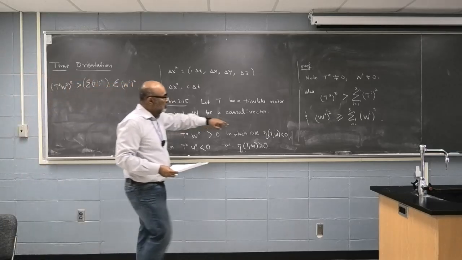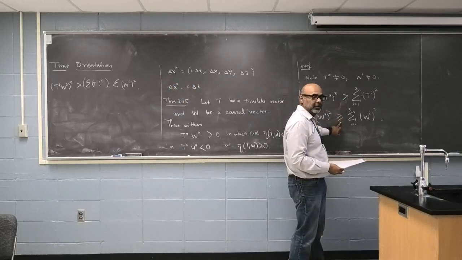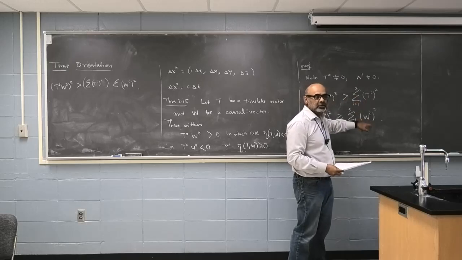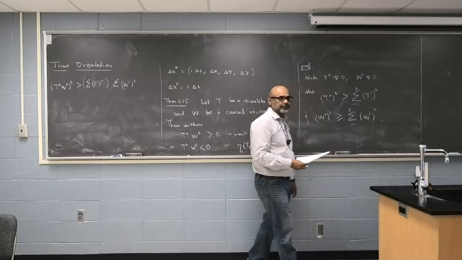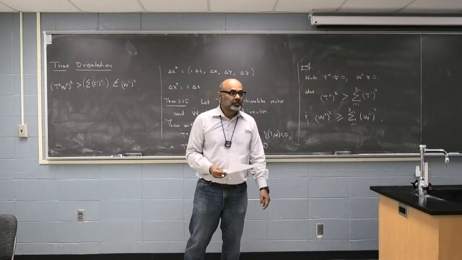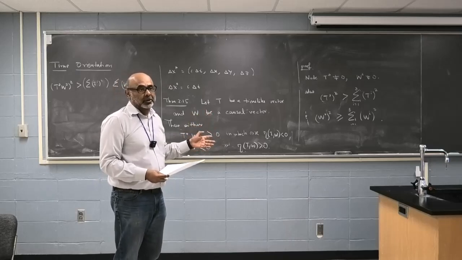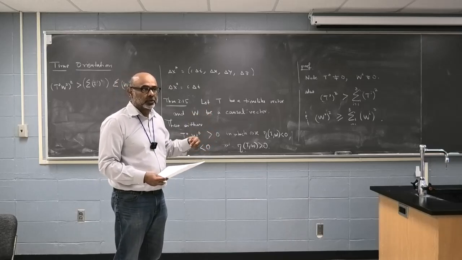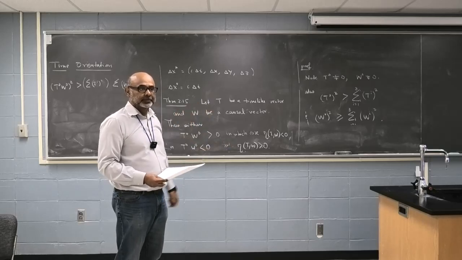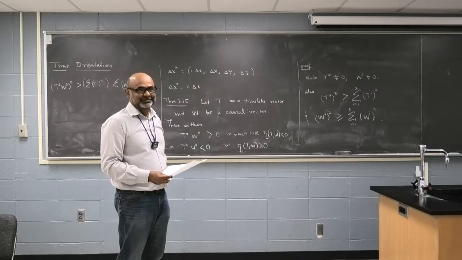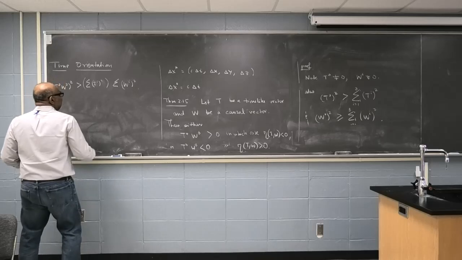If I multiply these two, this is greater and this is greater than or equal to, so the product is going to be greater. Yeah? 3 is greater than 1, 2 is greater than or equal to 2. Then 3 times 2 is going to be greater than 1 times 2, which is 2.